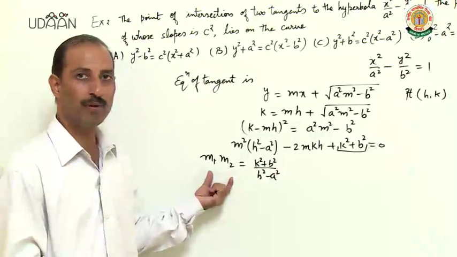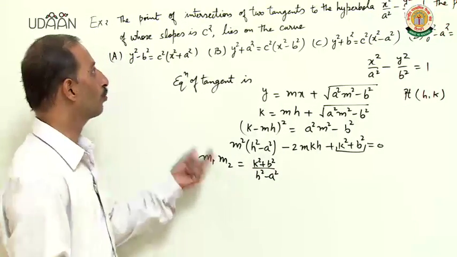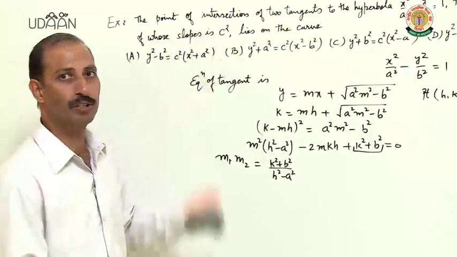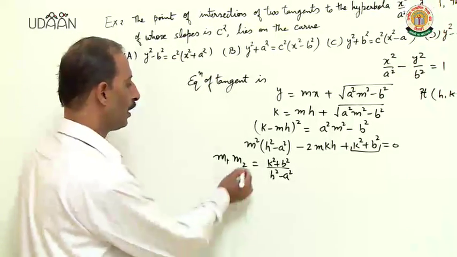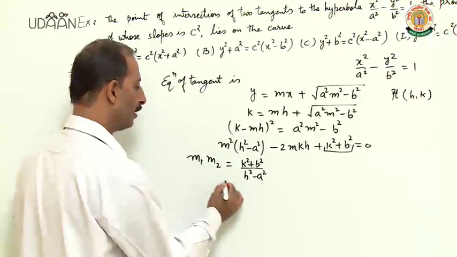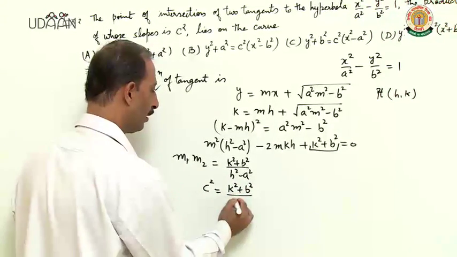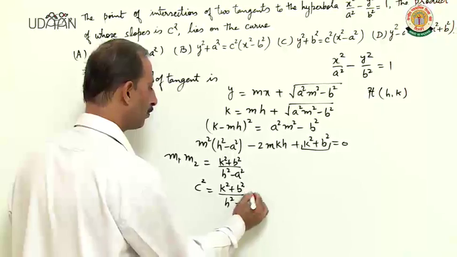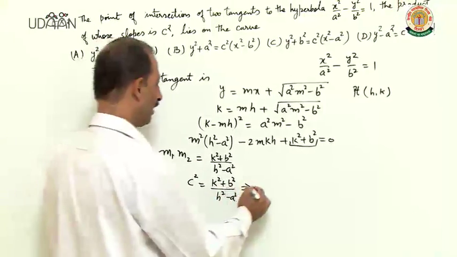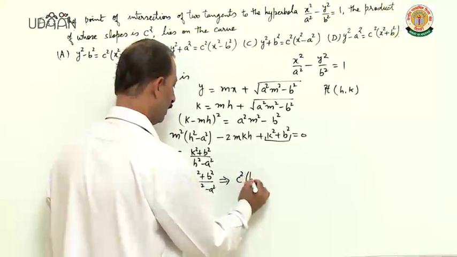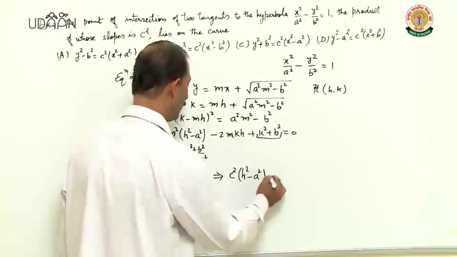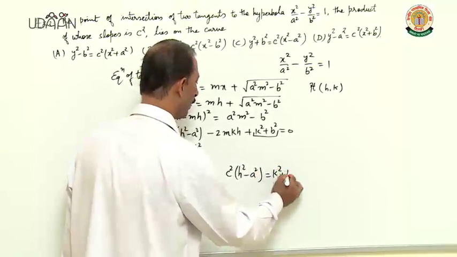And this value m1 into m2, the product of their slopes, is given in the question as c square. So in place of m1 m2 I am writing c square. This is given in the question. Now simplify this and then find the locus of h and k. c square into (h square minus a square) is equal to k square plus b square.